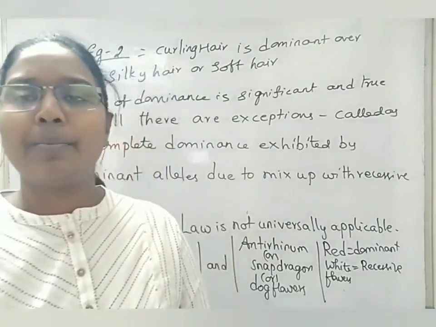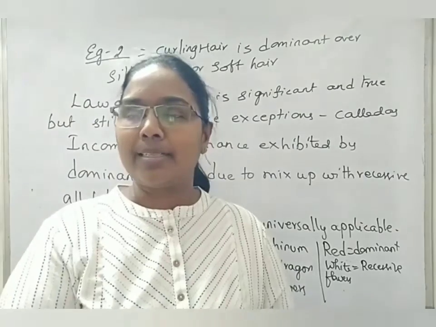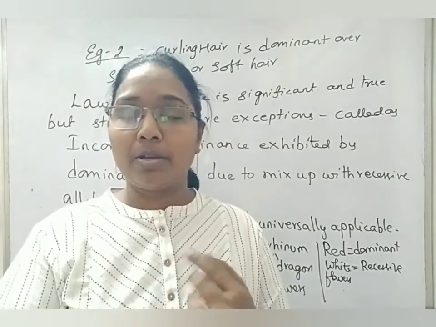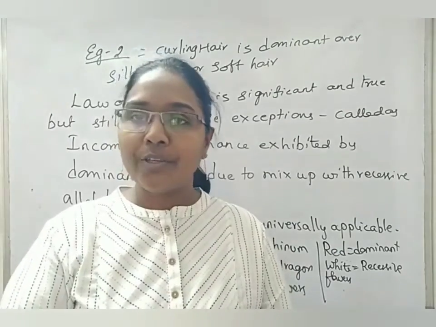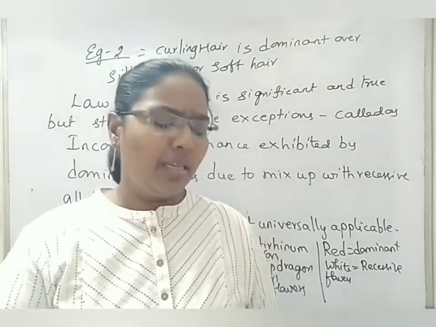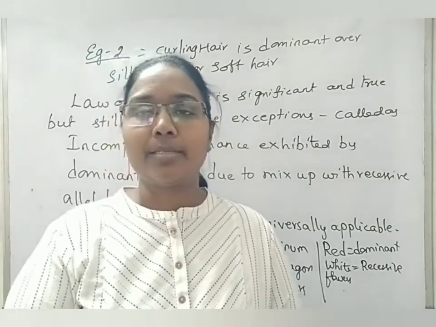That is also a good example of incomplete dominance shown by some plants. So, because of plants such as Antirrhinum, Mirabilis jalapa or eggplant, we consider that the law of dominance is not exhibited universally by all organisms, but there are some exceptions showing incomplete dominance.